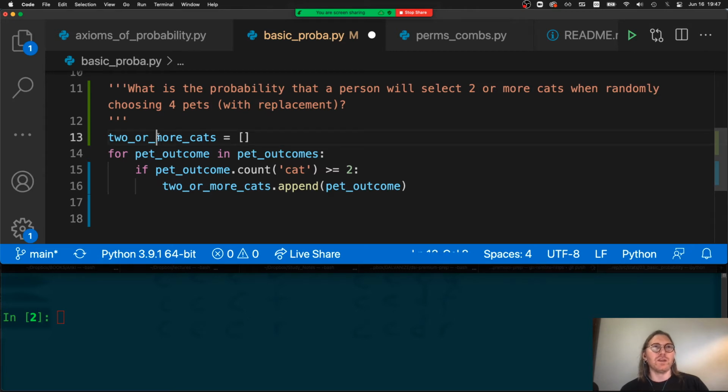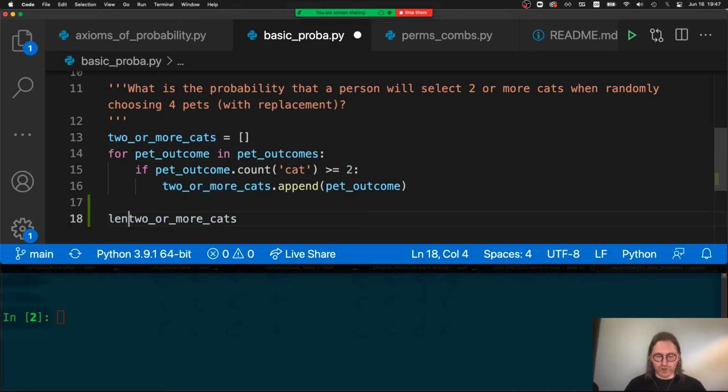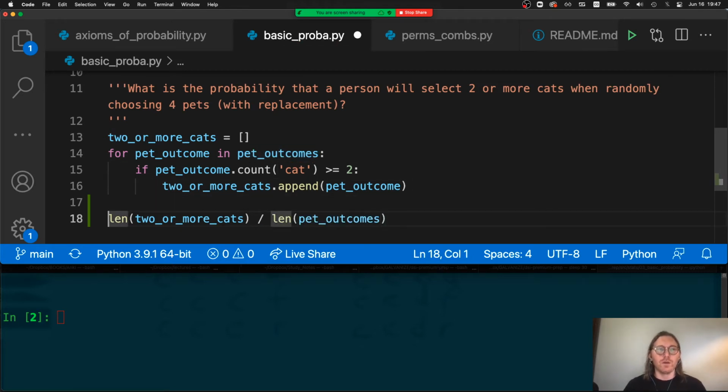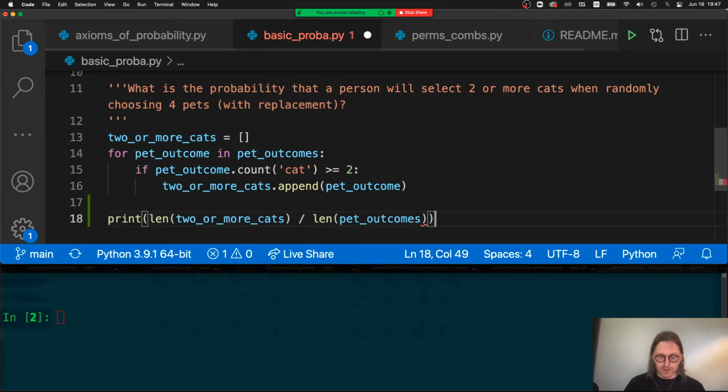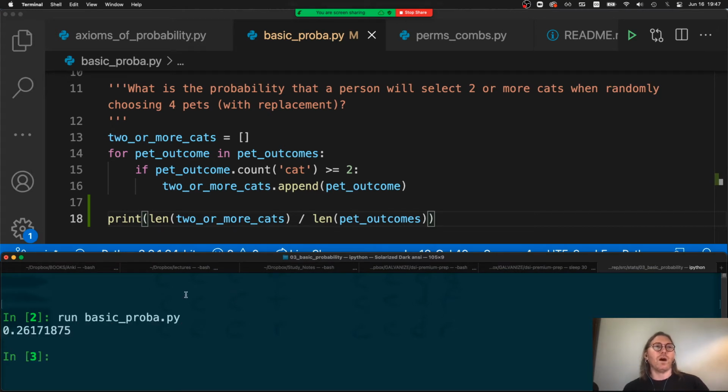We just need to know the number of elements in 2 or more cats, which is just going to be the length of it. And we just need to divide that by the length of pet outcomes. And that will give us a probability of 0.262, roughly.